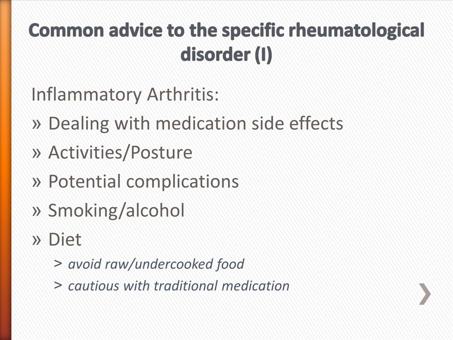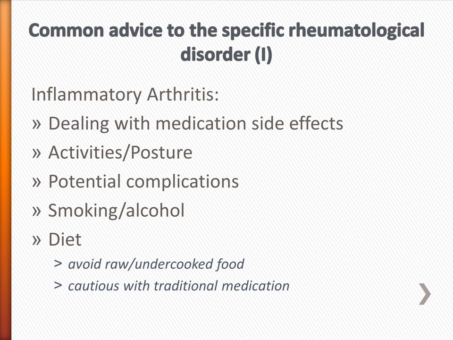These are some of the common advice given to patients with inflammatory arthritis such as rheumatoid arthritis and spondyloarthritis. Patients are counseled on the need for starting disease-modifying anti-rheumatic drugs. They are educated on the potential side effects of medication and how they can manage with mild side effects, example nausea or vomiting. They are advised on the treatment plan and importance of adherence.